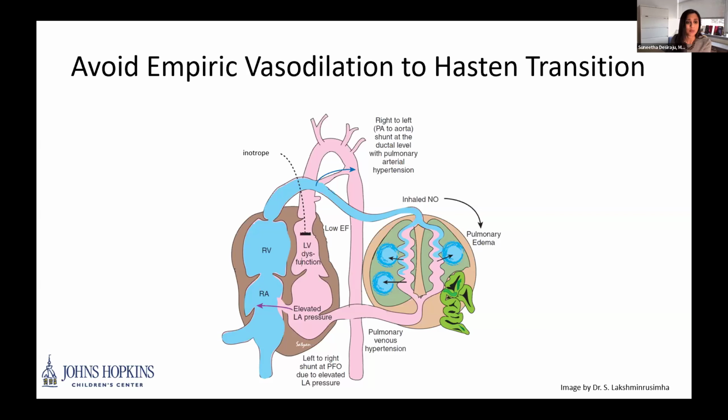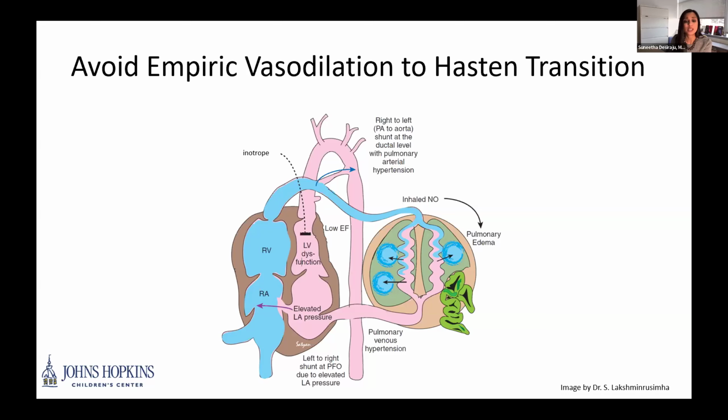A deoxygenated drop of blue blood will leave the right ventricle to the pulmonary trunk. There it has the options of either crossing the ductus into the descending aorta or traveling into the lungs. Now, blood's always going to follow the path of least resistance. So if you've started nitric oxide, then presumably that path will be towards the lungs. However, there isn't as much pulmonary vasculature in a CDH as there is in a normal child.